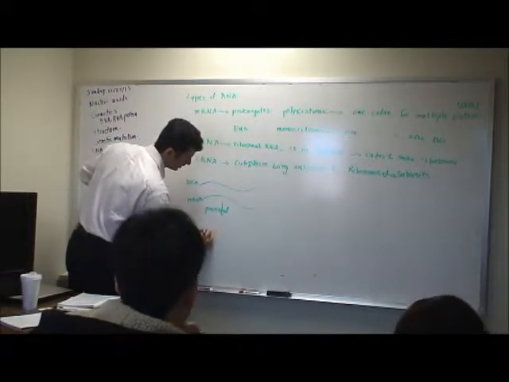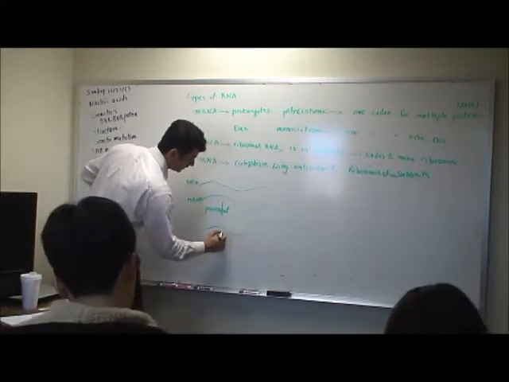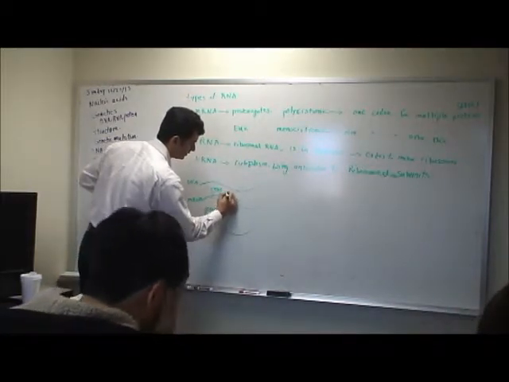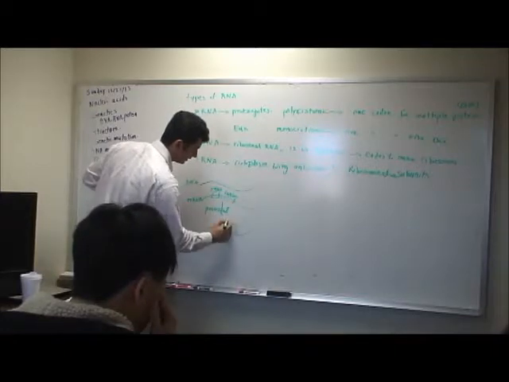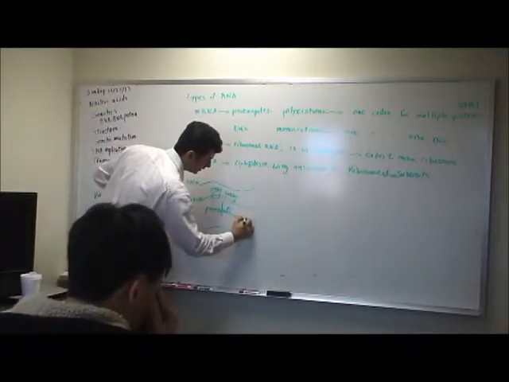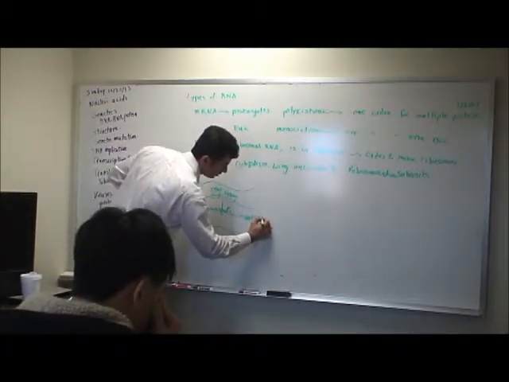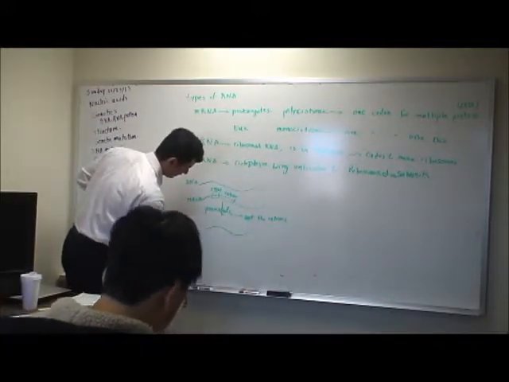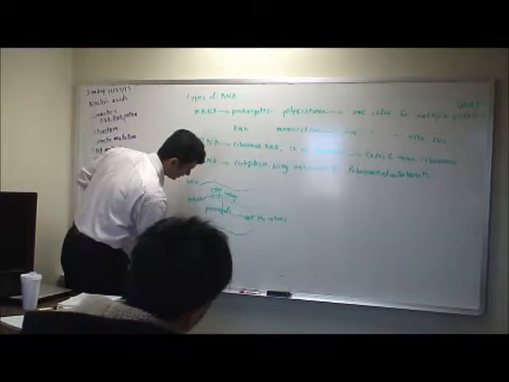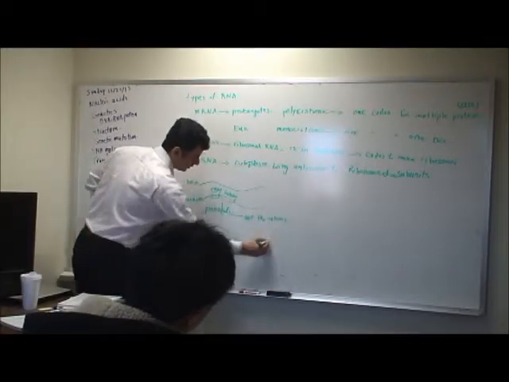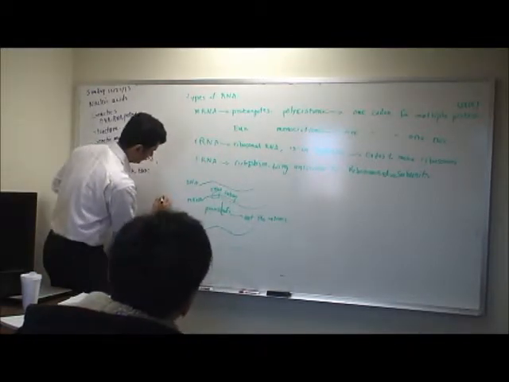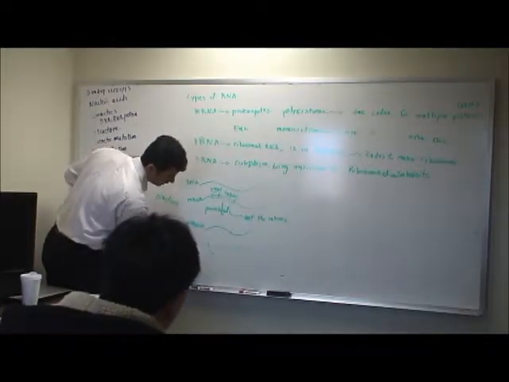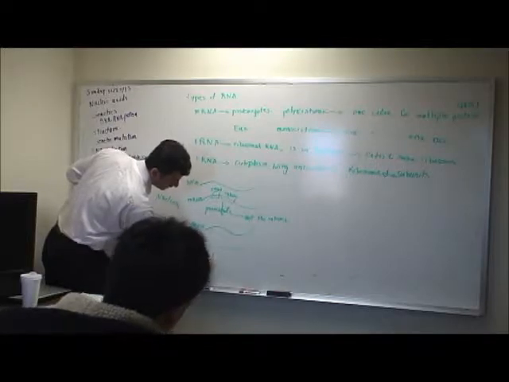You take the introns out, and whatever is left in the mRNA is exons. And then you take it outside the nucleus to the cytoplasm for translation.